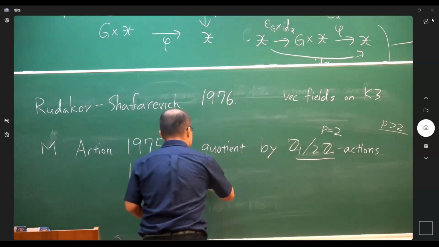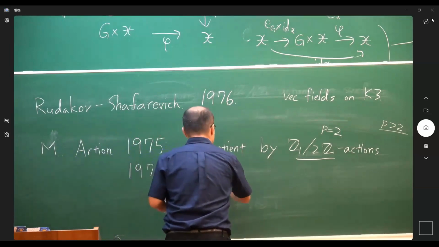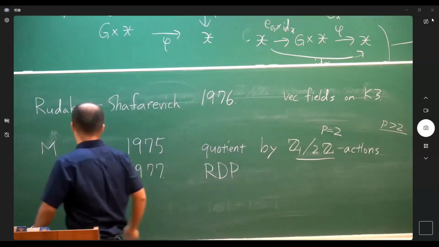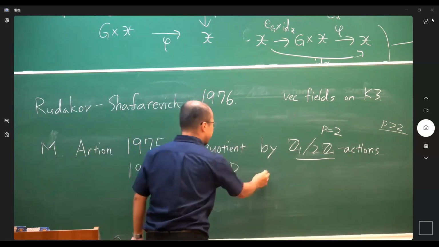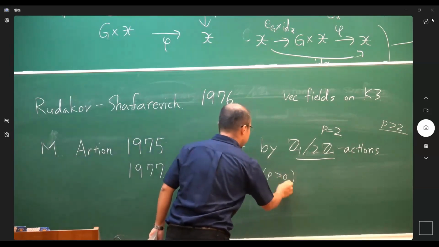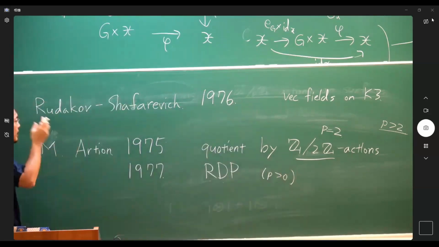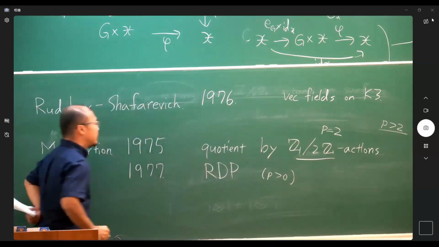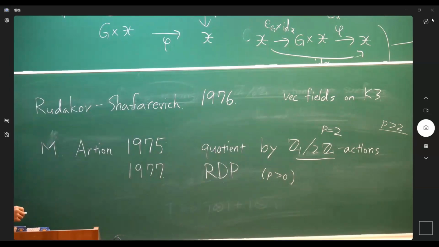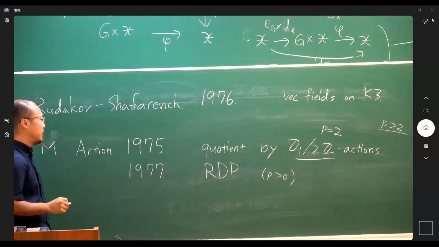And a little later, Artin studied the positive characteristic case. He studied rational double points and found that there exist non-taut rational singularities.